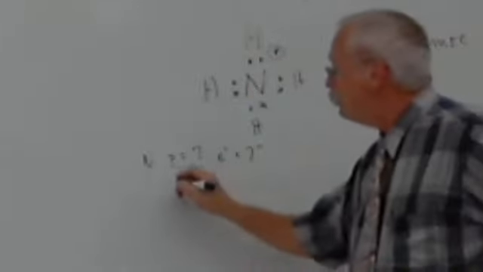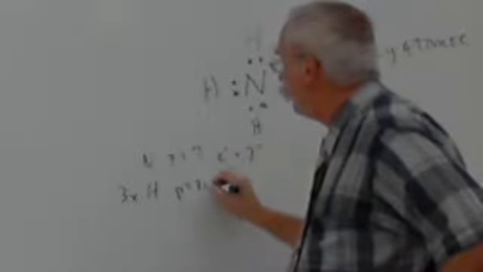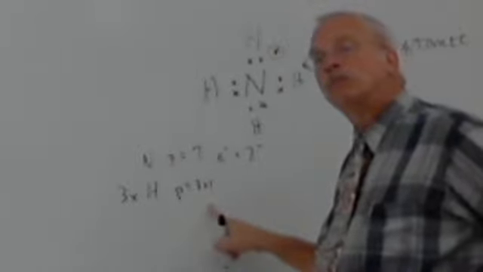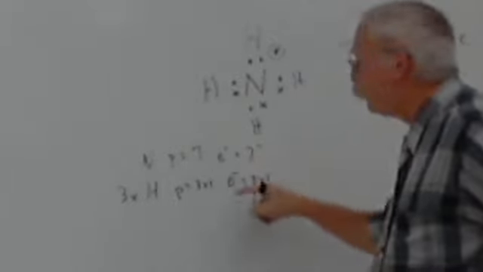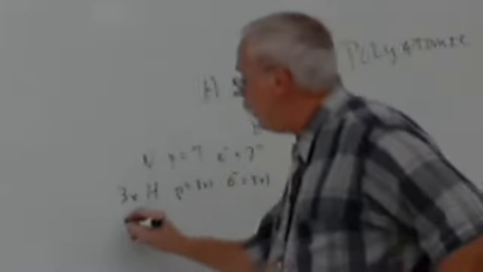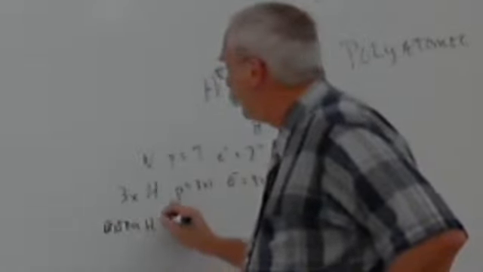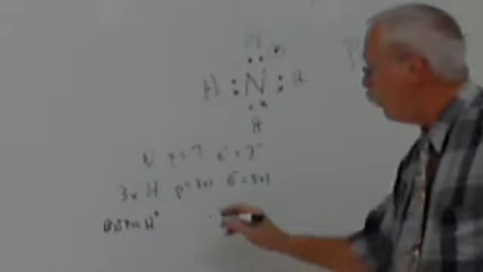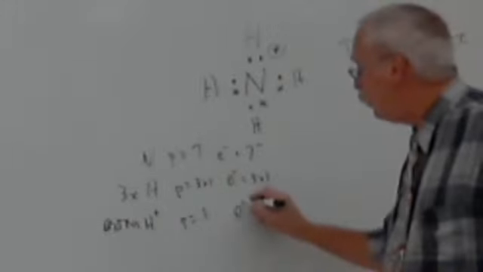The hydrogens, the 3 of them, have a total of 3 protons, 1 for each here, and 3 electrons. The extra hydrogen ion brings what? 1 proton and no electrons.